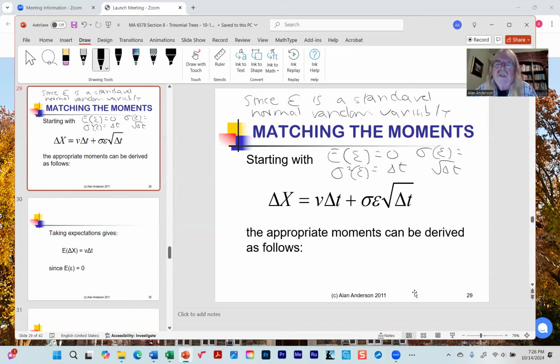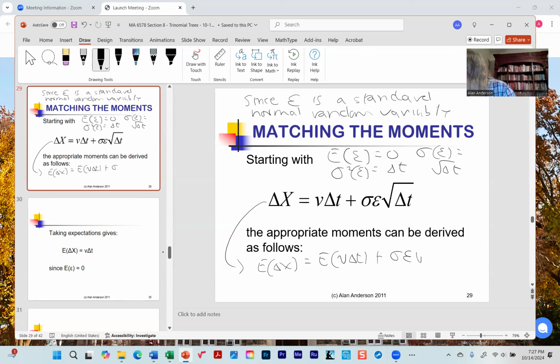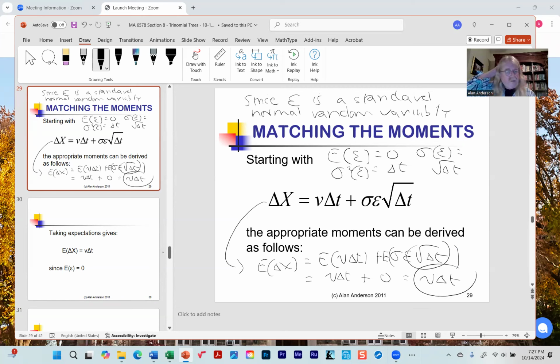That means that if I apply expectations to this entire process, this is going to zero, and this will be our expected value. So we have to make sure that the branches themselves provide us with an expected value at every time step of new dt, or new delta t.